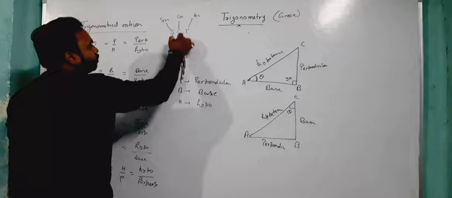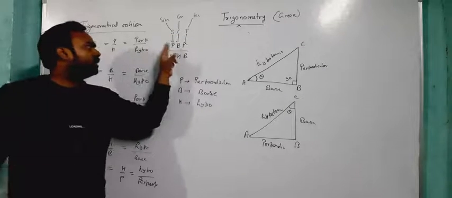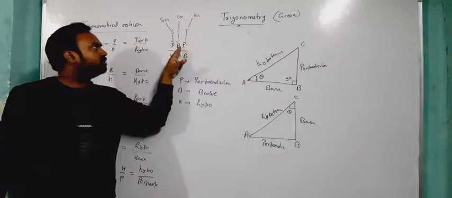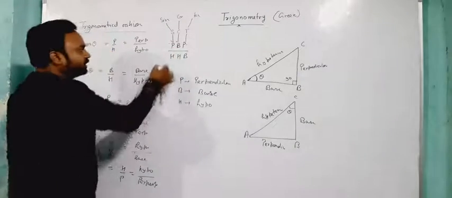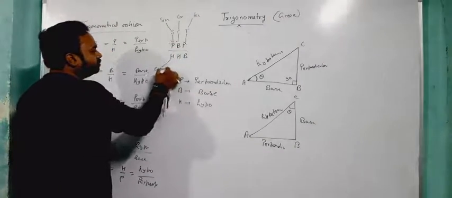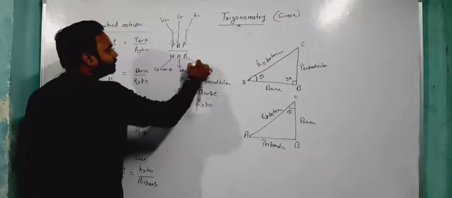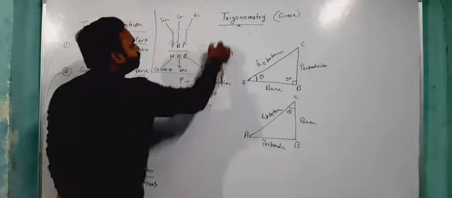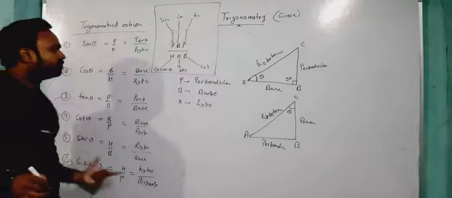That means this is the sequence: sine, cos, tan, inverse of tan is cot, inverse of cos is sec, inverse of sine is cosec. So with the help of this trick, we can learn trigonometrical ratios.